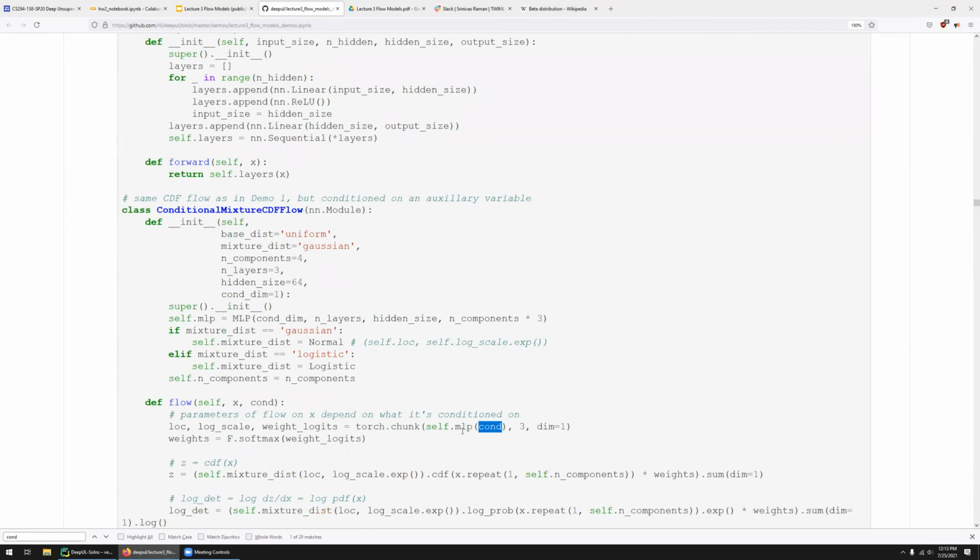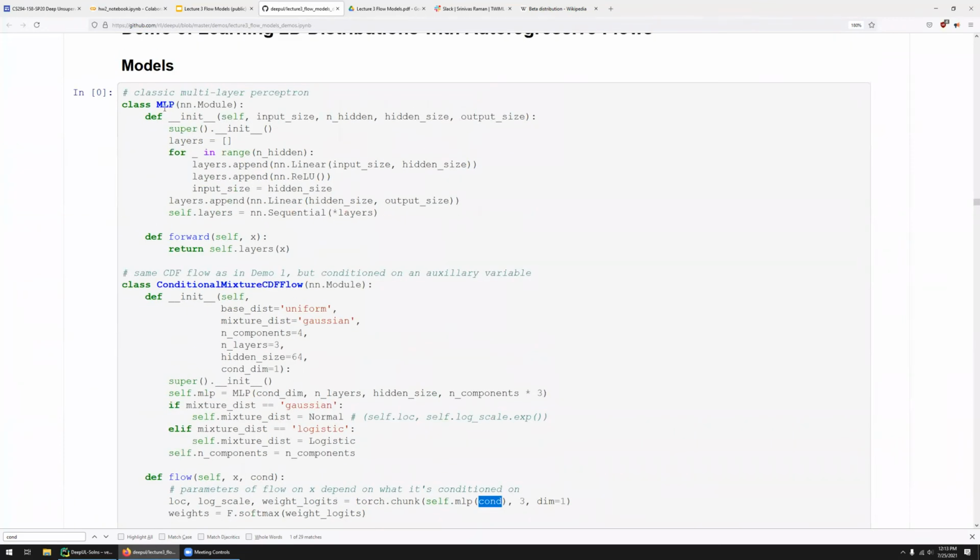Self dot MLP. It doesn't have a function called MLP. This capital MLP seems to be a class, right? Yep, it's right here, into which is passed the conditional dimension.